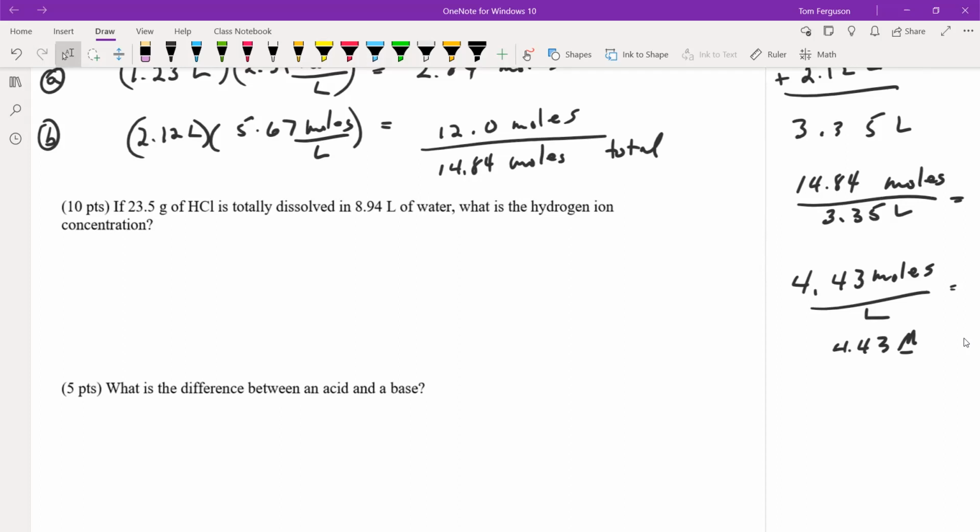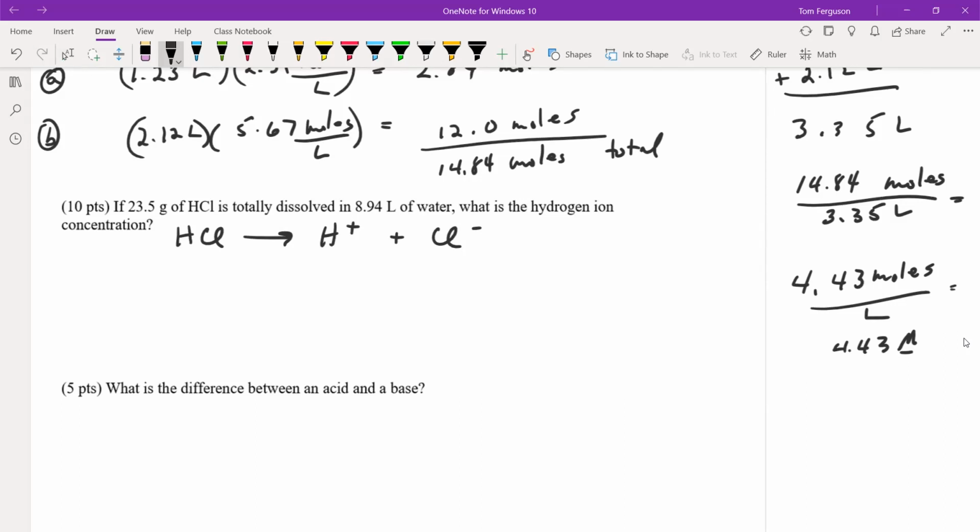Okay, so one of the strong acids is hydrochloric acid. So that's our first acid, and it's balanced as written. Always make sure it's balanced. So it wants to know the hydrogen ion concentration.